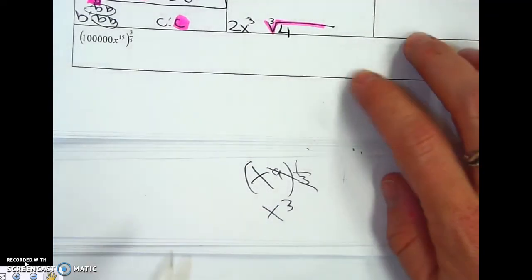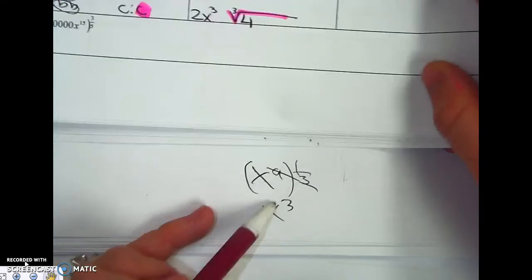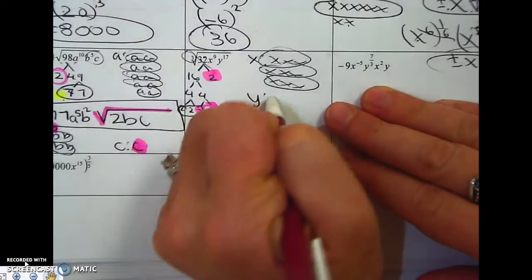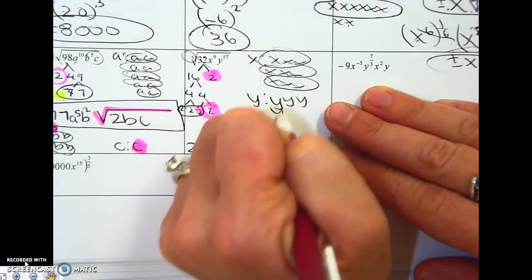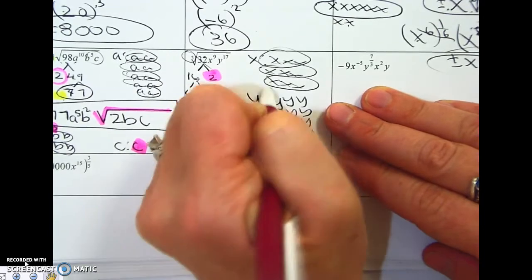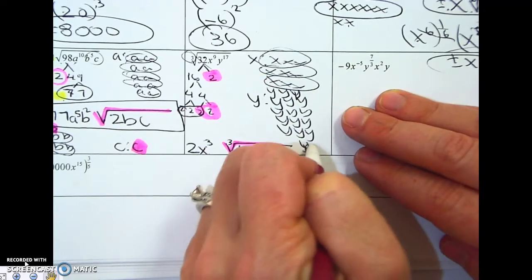You could mix and match. So for the 32, you could do the pile method, but for the 9, since it goes in perfectly, you can do the exponential method. I don't care. For the y's, piles of 3, 1, 2, 3, 4, 5, 6, 7, 8, 9, 10, 11, 12, 13, 14, 15, 16, 17.